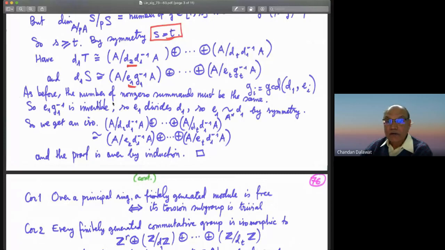So because these two have to have the same number of non-zero summands, we conclude that this E1 G1 inverse has to be invertible. This first one has to be trivial. So E1 divides D1, and therefore E1 is associated to D1 by symmetry. And therefore we get, and the proof is over by induction.